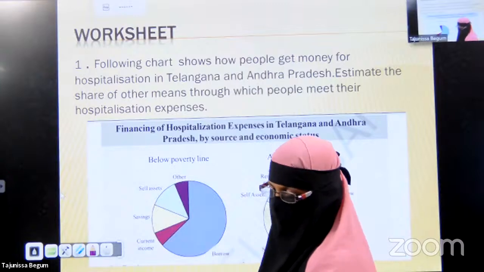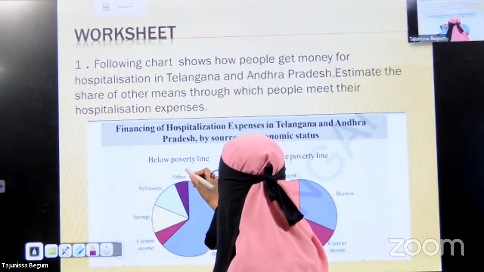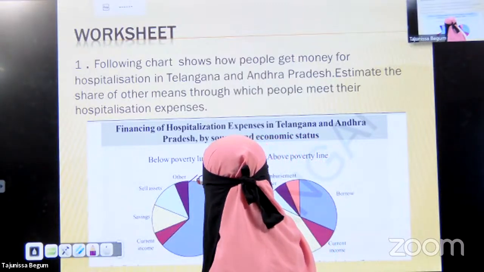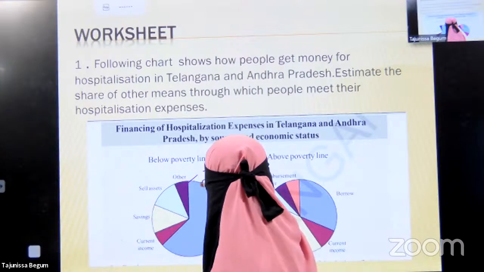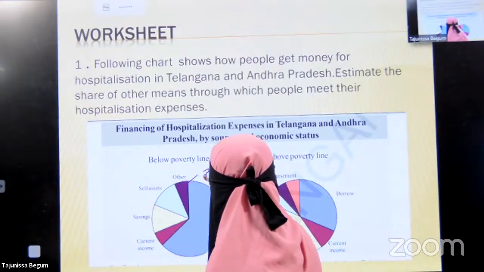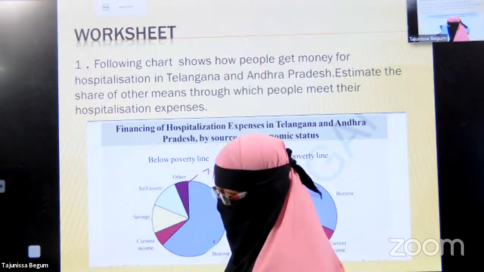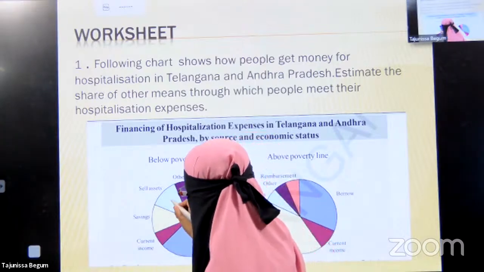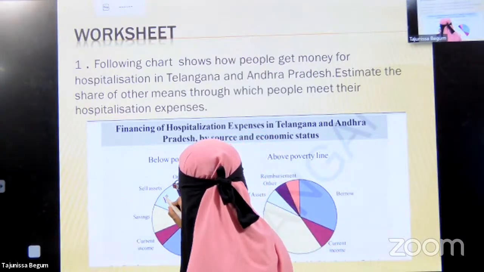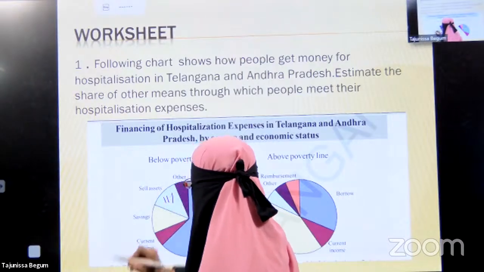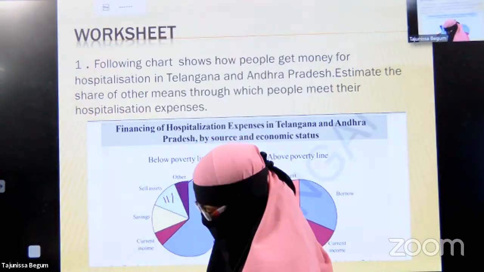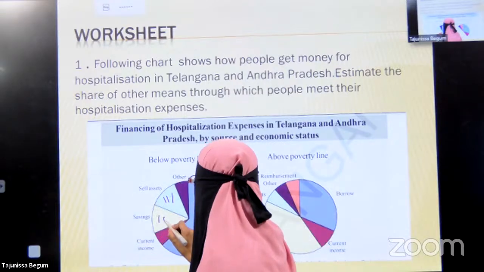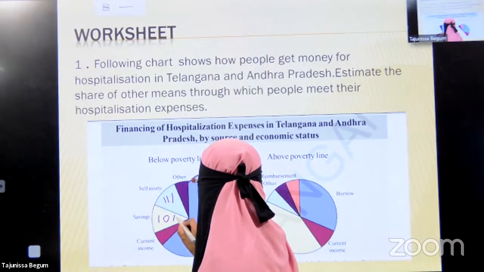See here, others in below poverty line are 7%. Self-assets, how many are they having? They are having self-assets 11%. How much are they having in savings? They are having 10% savings. See, the people are having only 10% savings.